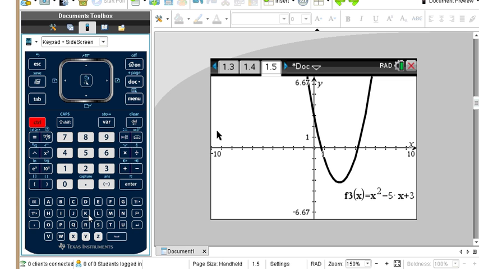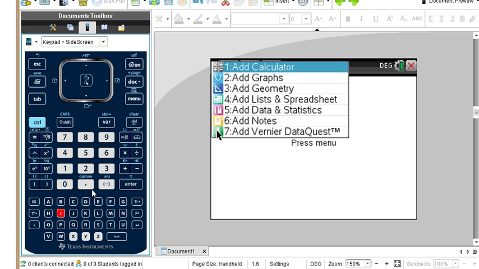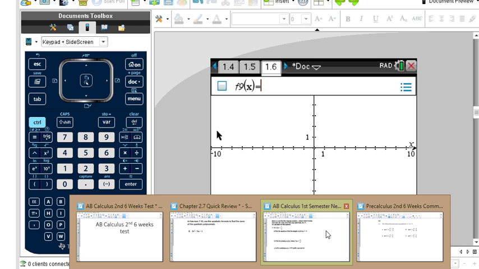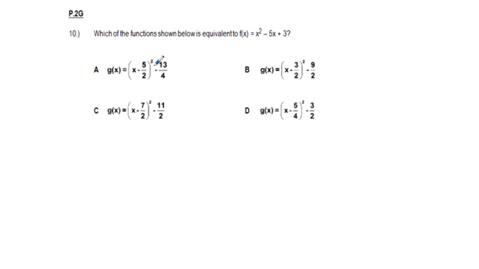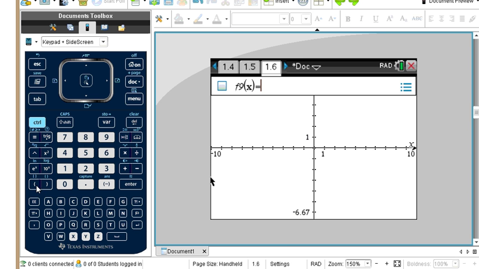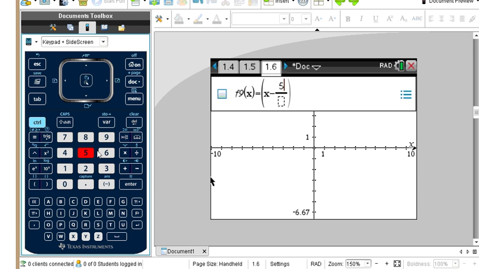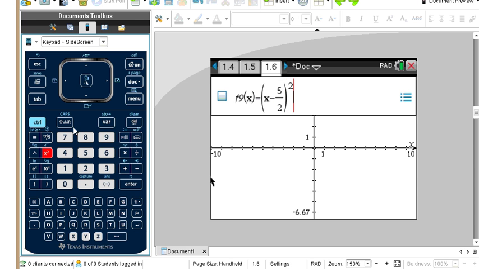So if we go to Control I, add graph, I'm going to enter answer choice A, and this is answer choice A sitting right here. Quantity x minus 5 over 2 squared, and then we have that minus 13 over 4.